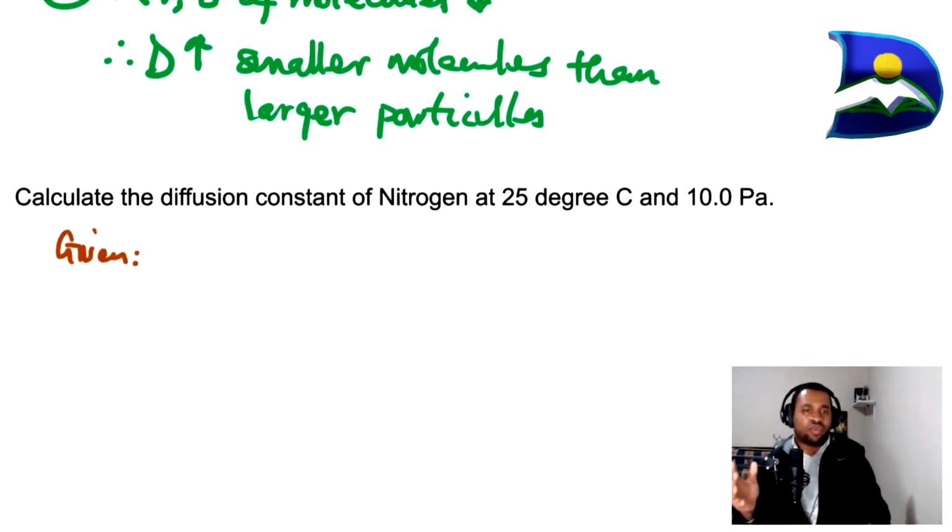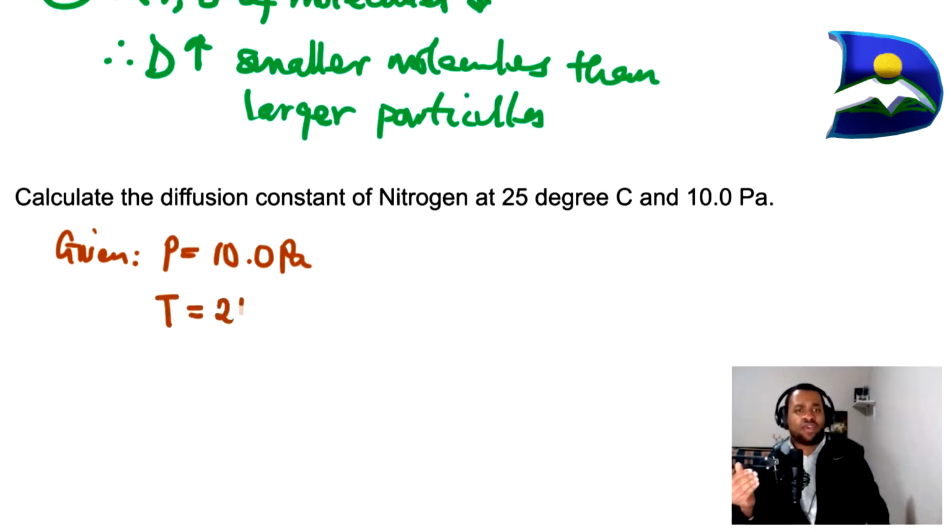First, of course, we know our pressure to be 10.0 pascals, which is the standard unit that's going to be used. And we have our temperature of nitrogen gas, which is 25 degrees Celsius. We need it in kelvins, so we add 273, which gives us 298 kelvins.